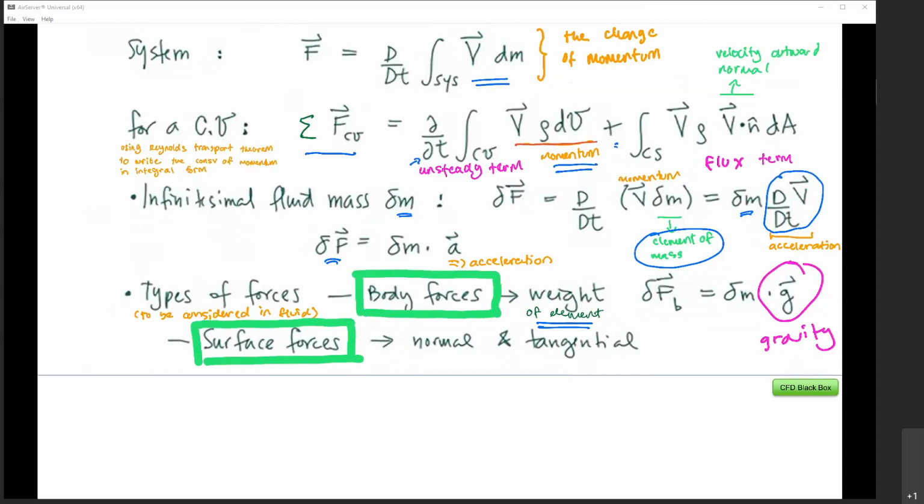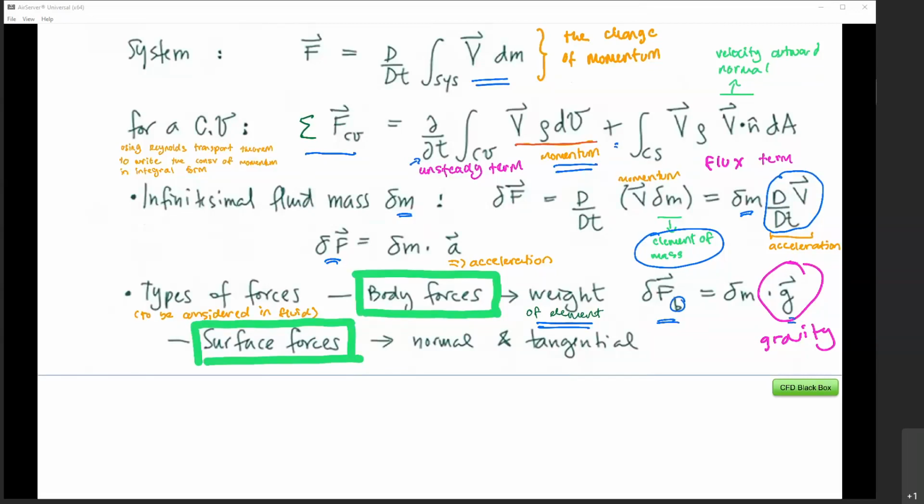For the body force, I think it's quite straightforward. For the differential force dFb, b refers to the body, and it equals dm multiplied by g. G here refers to the gravity. So F equals ma, where a here refers to the gravity acceleration.